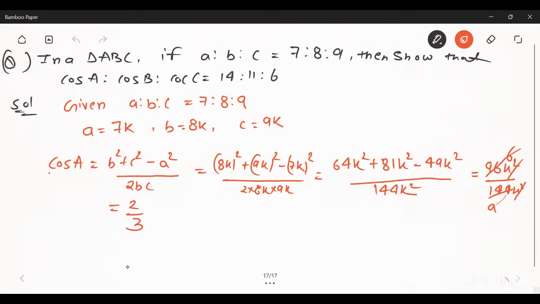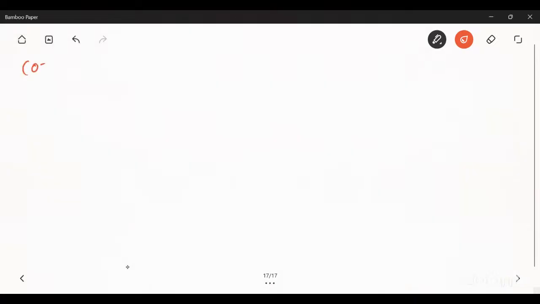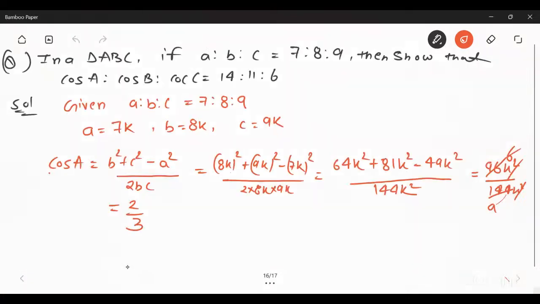Now the value of cos B. What is the formula of cos B? Which side corresponds to cos B? B square. The two sides which are left: A square plus C square upon 2AC. The value of A is 7k and the value of B is 8k.